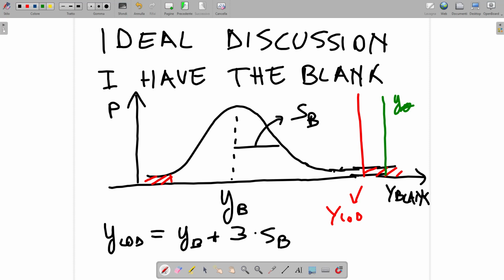I am comparing signals. If in green I write down the signal that I measured for my unknown sample, I decide that in that unknown sample the analyte is present because its signal is higher than the signal of the limit of detection.